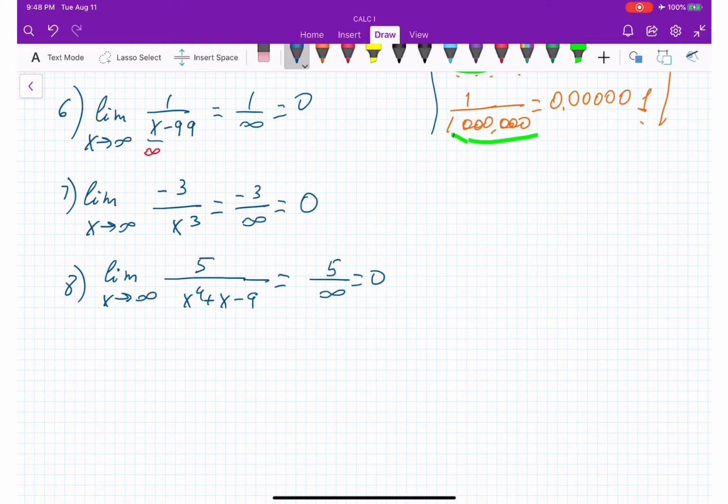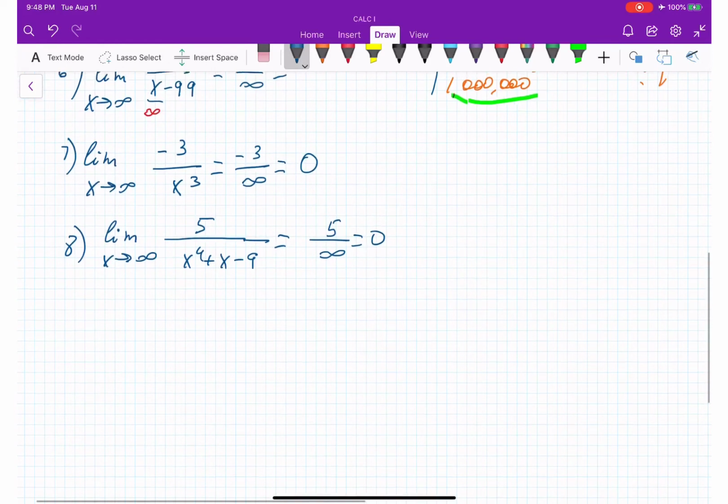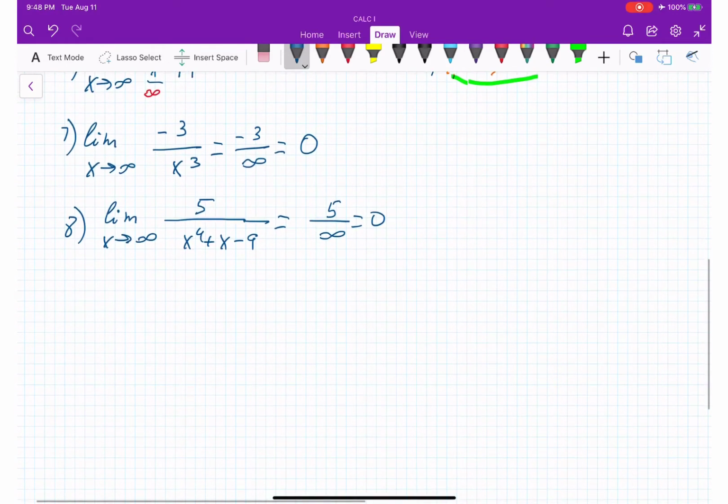The interesting case is going to be limit of two-thirds to power x as x approaches infinity.